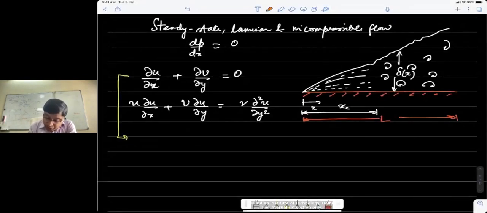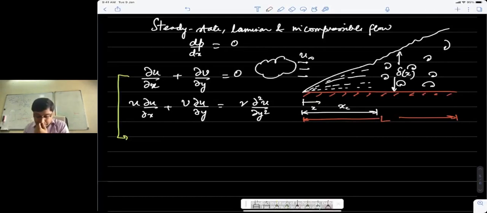This is stupid of me not to show it here, but what I meant was that there is a flow coming in at some velocity u infinity. So for flow over a flat plate, the x component of velocity, which is u, scales as u infinity. dx will scale as x, so that is the scaling law. And v, which is an unknown, and y scales as delta, where delta is the height of the boundary layer across which it changes. So these are the characteristic scales.